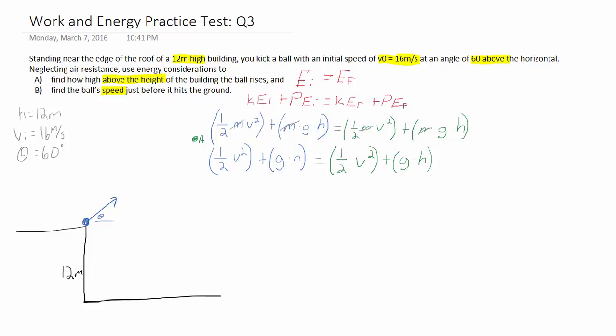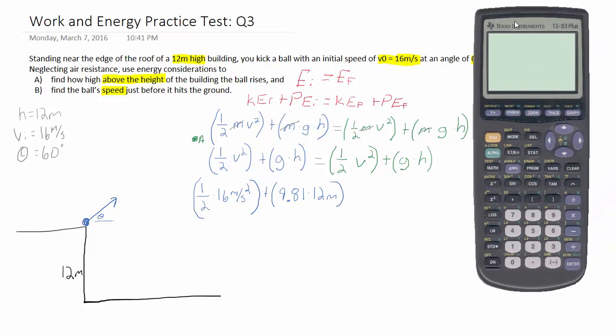So let's plug in some numbers. We have 1/2 times 16 meters per second squared plus 9.81 times 12 meters. And since we have all of our numbers, let's plug them in and see how this turns out.